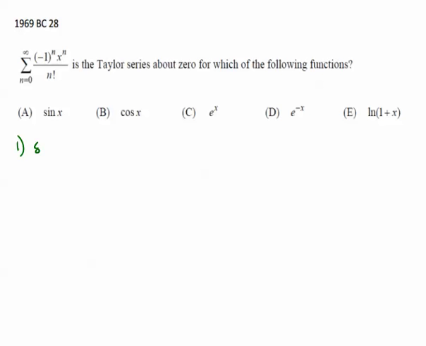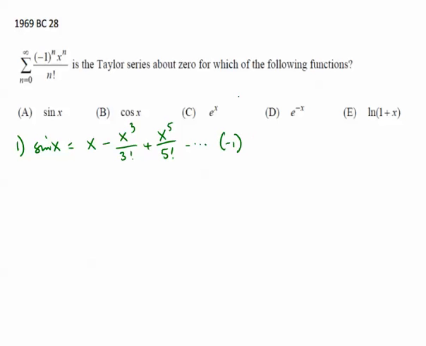One, we have sine of x is equal to x minus x to the third over 3 factorial plus x to the fifth over 5 factorial, etc. And that turns out to alternate.